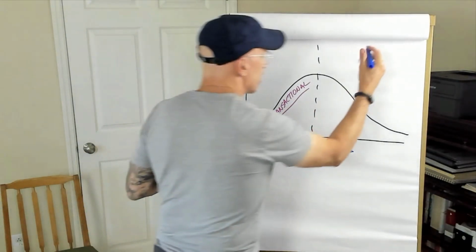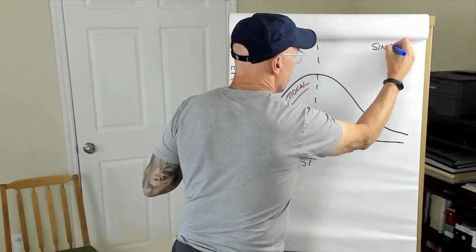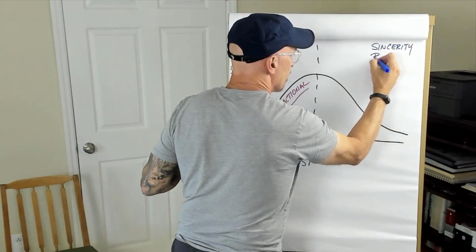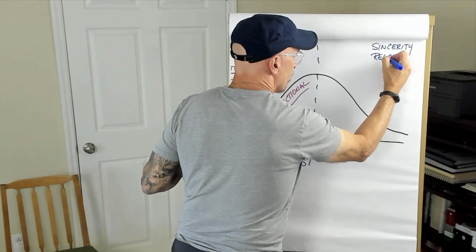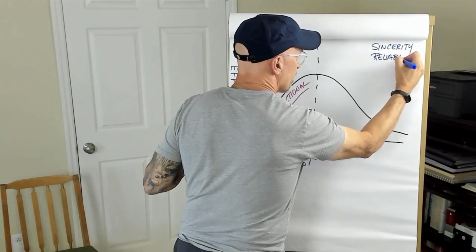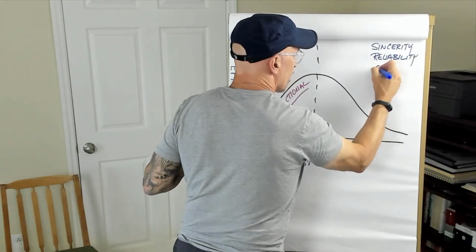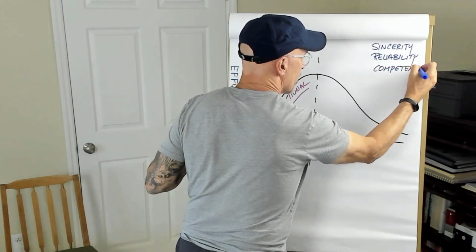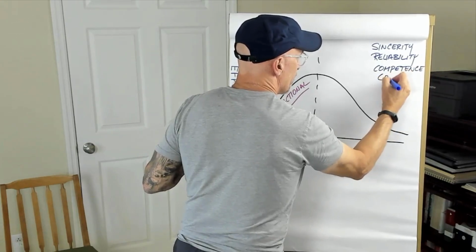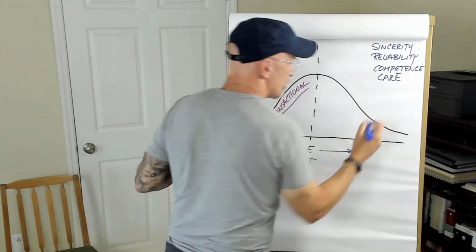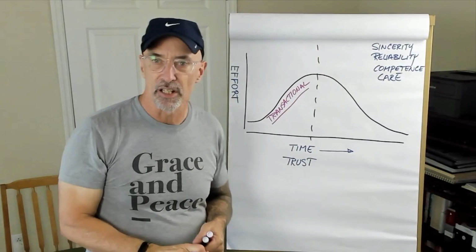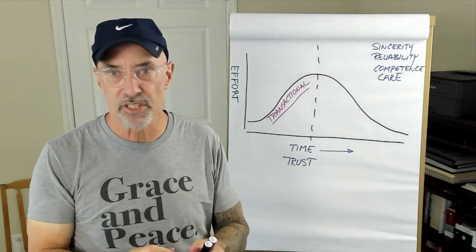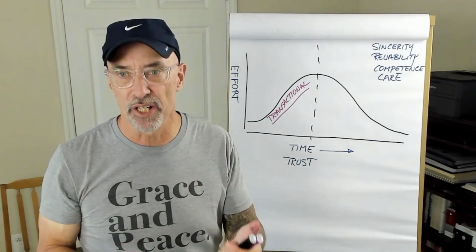When people get that we are sincere, reliability, competence, care. These are the 4 distinctions of trust that Feldman actually came up with in the Thin Book of Trust. It's several years old, but it's a great, great read.